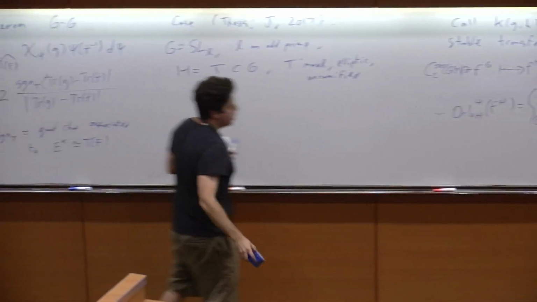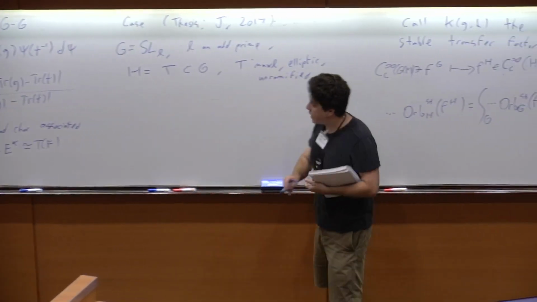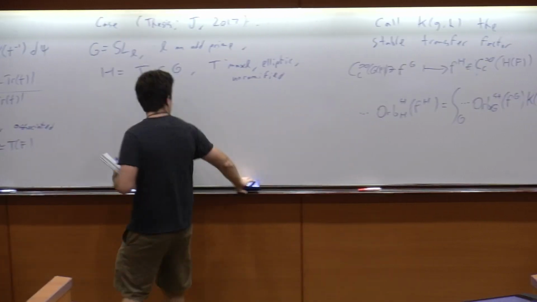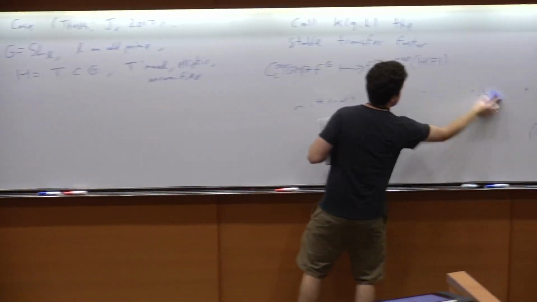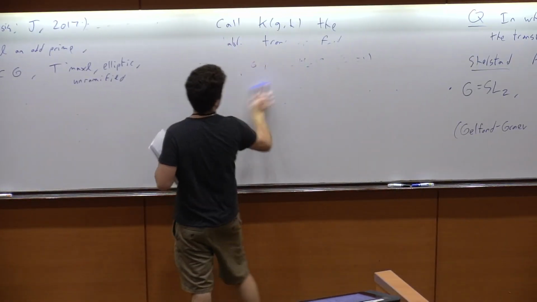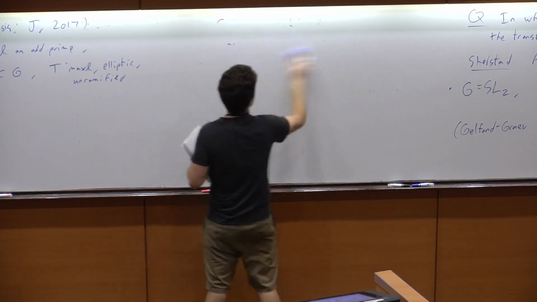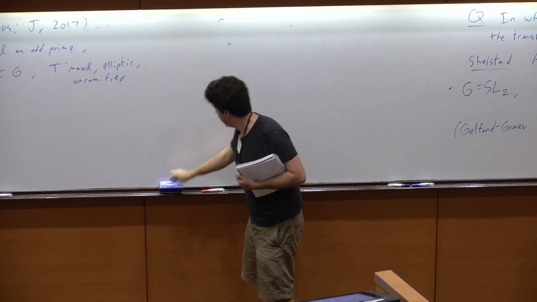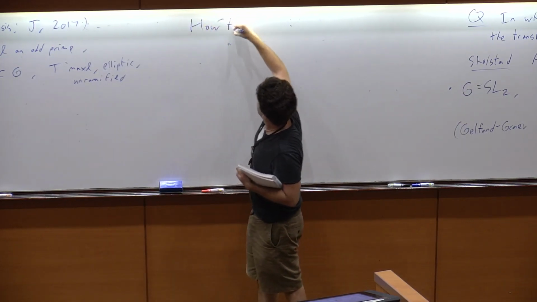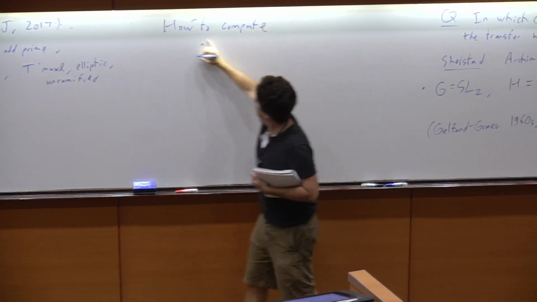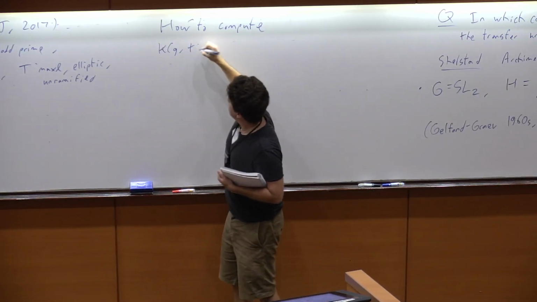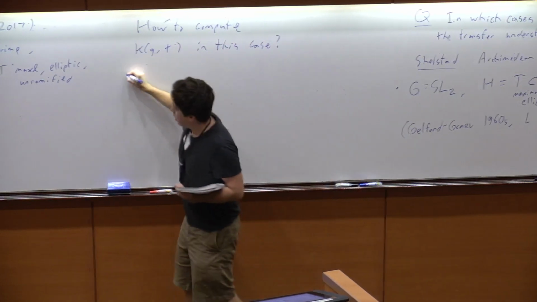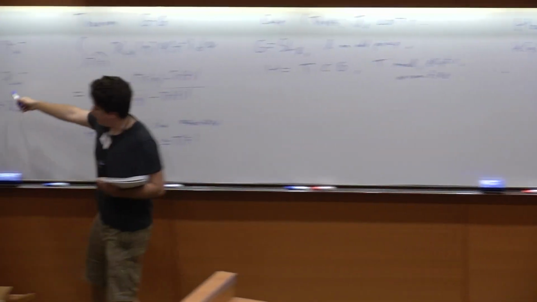All right, so to compute the stable transfer factor in this case, I want to use an argument similar to that of Gelfand and Graev, but I need a bunch of pieces in order to do this. So how to compute it in this case? Well, what did we have in the case of Gelfand and Graev?